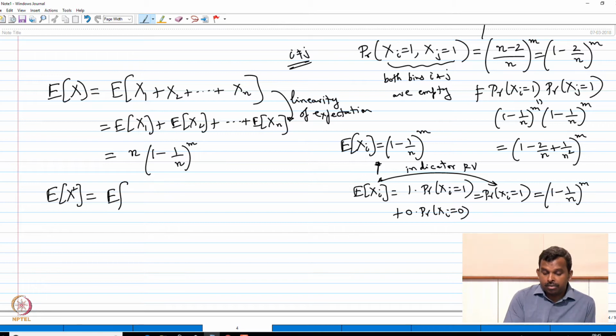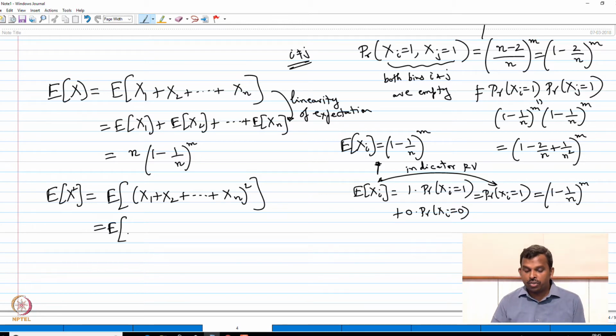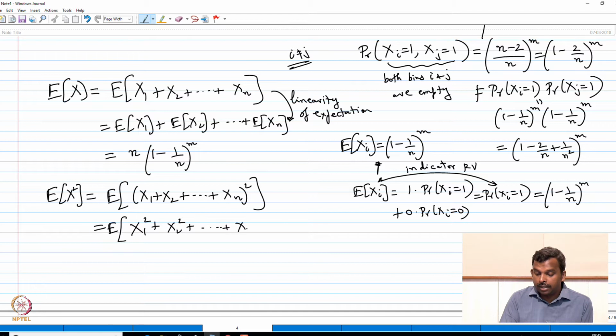So this is the expected value of (x1 plus x2 plus so on till xn) squared. And now you again expand this. I'm going to use linearity of expectation. Even though there's also a dependency, I can use linearity of expectation. You have x1 squared plus x2 squared plus so on till xn squared, plus x1 x2 plus so on till, as you saw before, x n minus 1 xn.